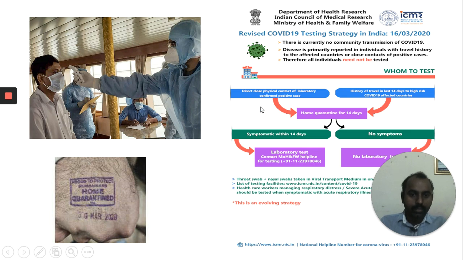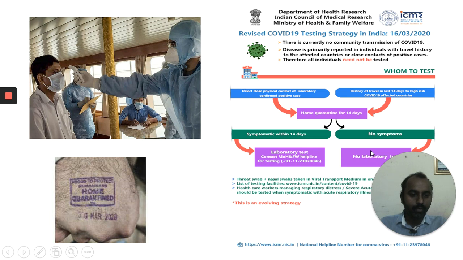So suppose direct close contacts of the positive cases, now these people are advised to be home quarantined for 14 days. Now after 14 days, if they show symptoms, these patients who are symptomatic are sent to the labs for diagnosis. The persons who are asymptomatic do not require any lab test.